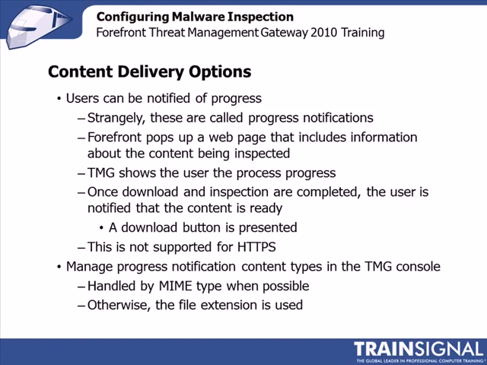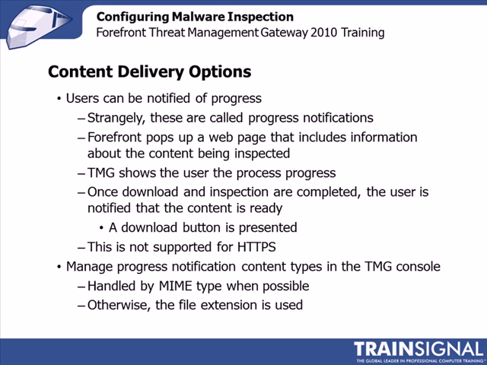When files are being downloaded, you can have Threat Management Gateway take over the job of making sure that users are notified about the progress of that download. Strangely enough, this feature is called Progress Notifications. Forefront pops up a web page that includes information about the content being downloaded and inspected by Threat Management Gateway. It also shows the user the progress of the downloaded file.